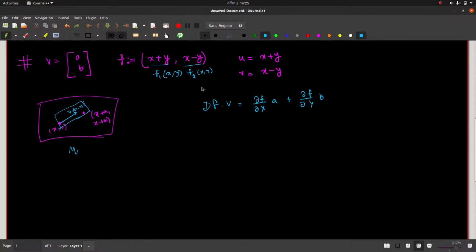So you have to consider the changes coming from f1 and f2.